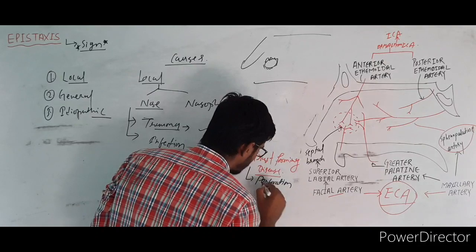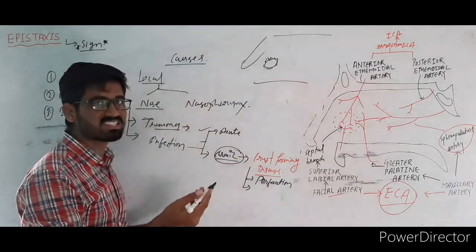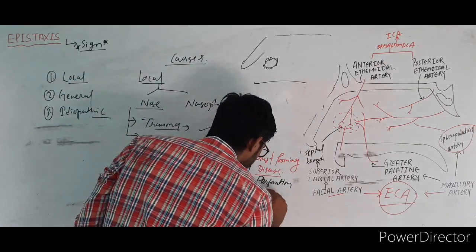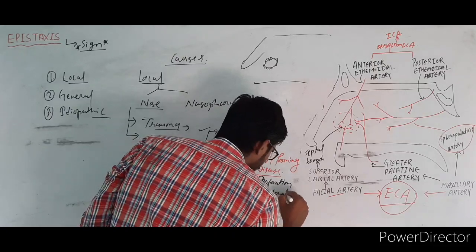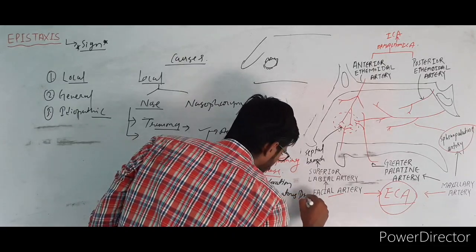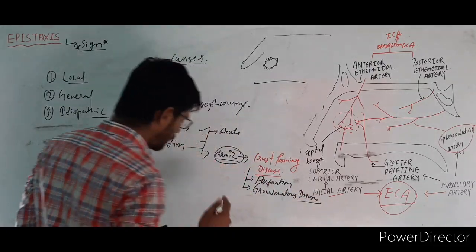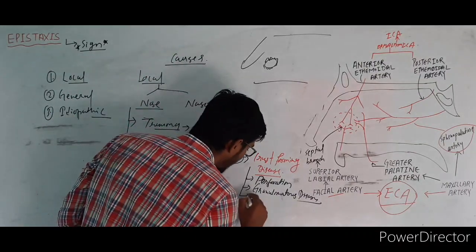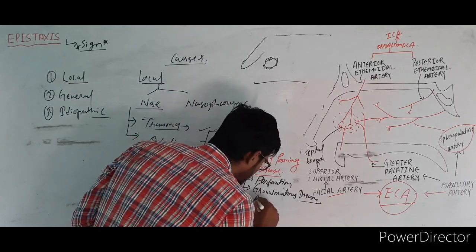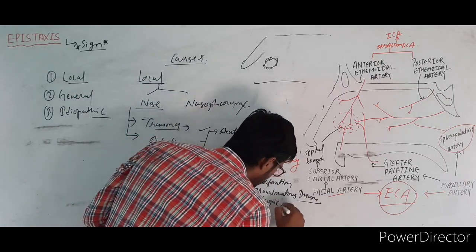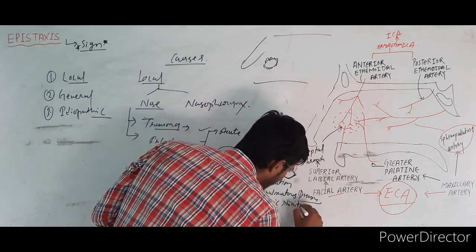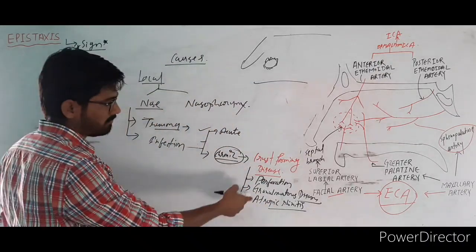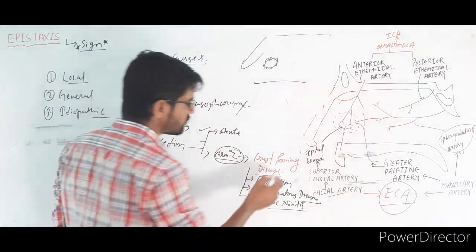Second is granulomatous disease, and one more is atrophic rhinitis. Atrophic rhinitis is also a kind of crust forming disease.